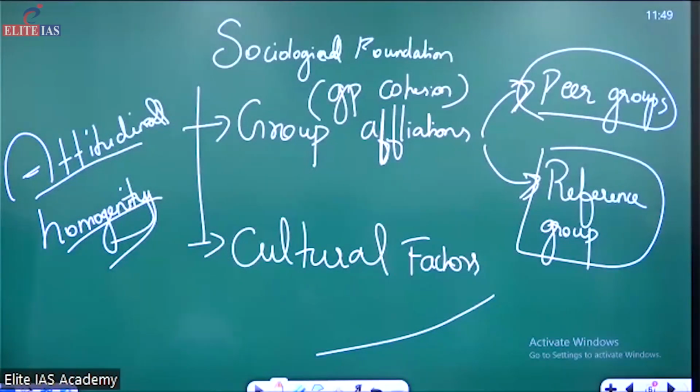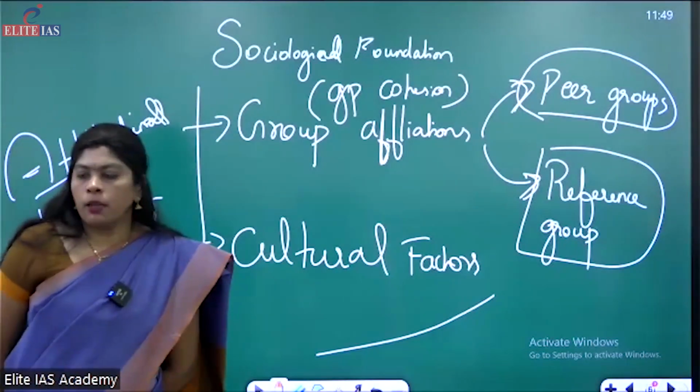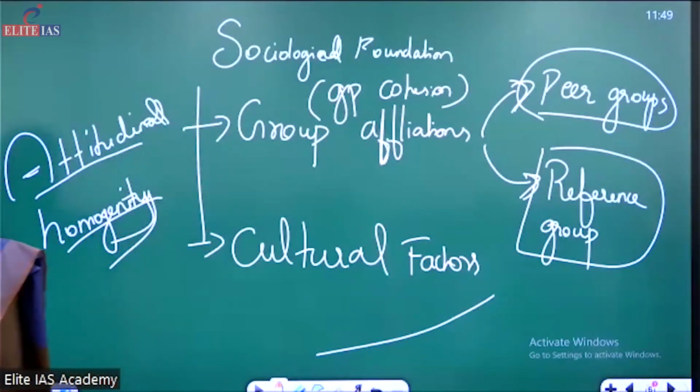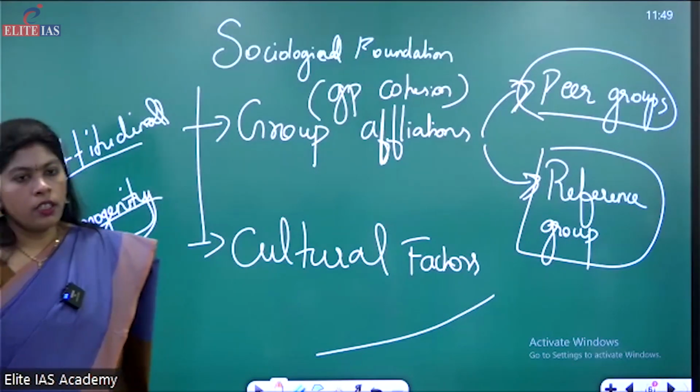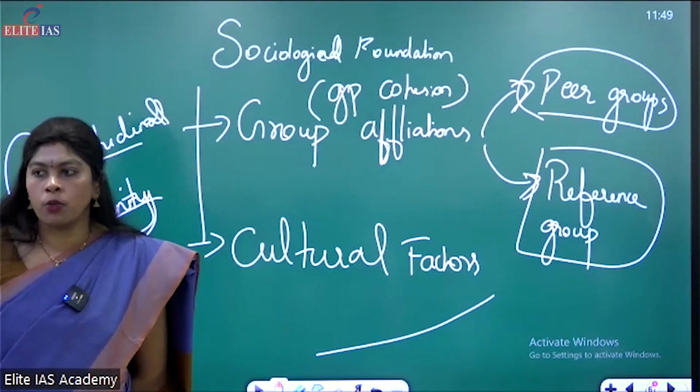So they are most likely to process and analyze the information in more or less similar fashion. This is also one of the reasons why we have attitudinal homogeneity.